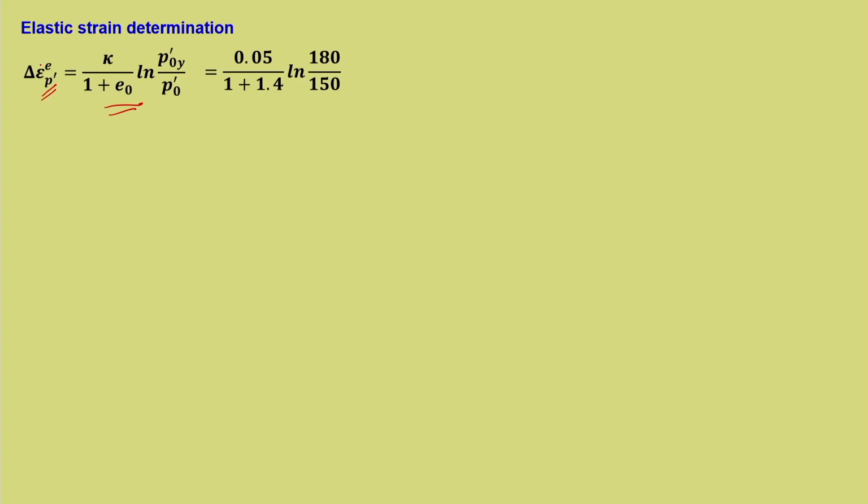Till it reaches the yield point, it exhibits completely a volumetric elastic strain. So, that is what we have found out here, that is delta epsilon p dash e is equal to kappa by 1 plus E naught ln p naught dash y upon p naught dash. All these parameters, everything is known. So, just substitute, get the answer, that is 38 into 10 raised to minus 4 is the elastic volumetric strain.